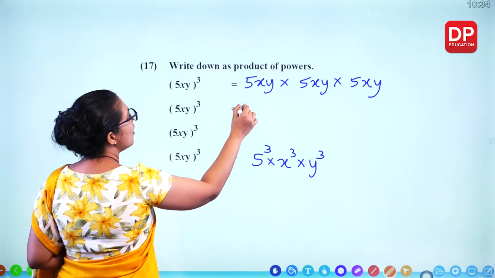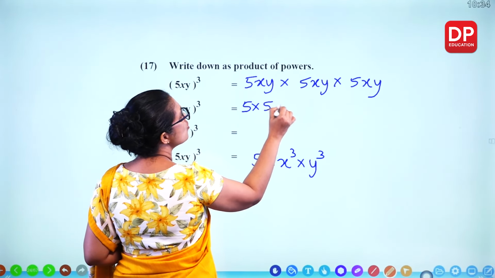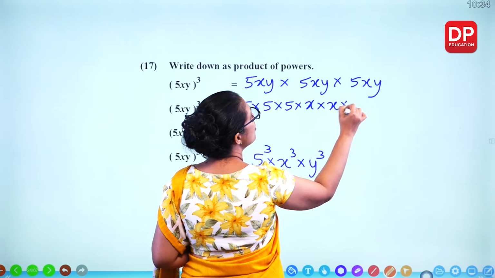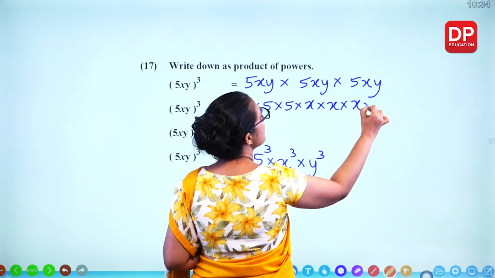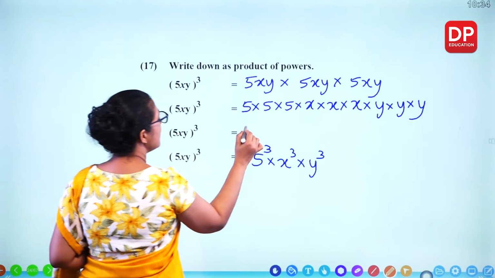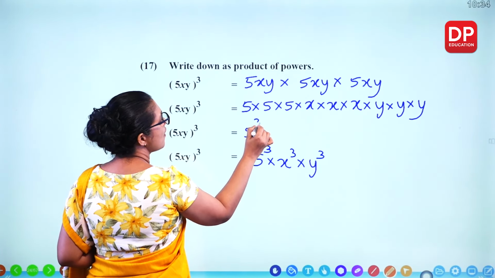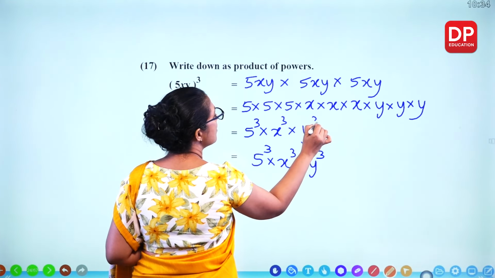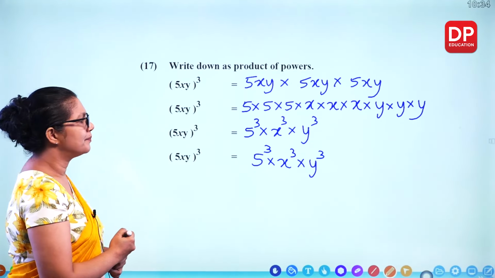Now, how many 5's are there? 1, 2, 3. How many x's? 1, 2, 3. How many y's are there? 1, 2, 3. Now you can write as powers: 5 to the power 3, x to the power 3 and y to the power 3.